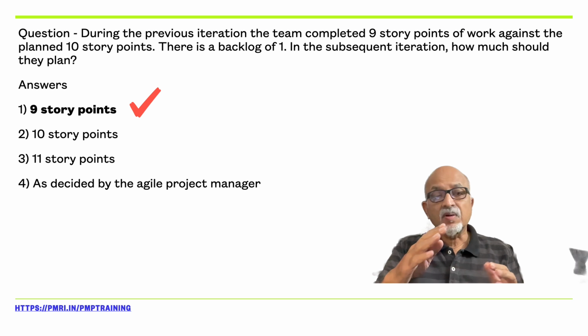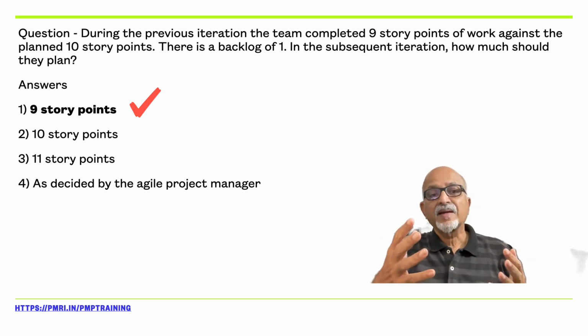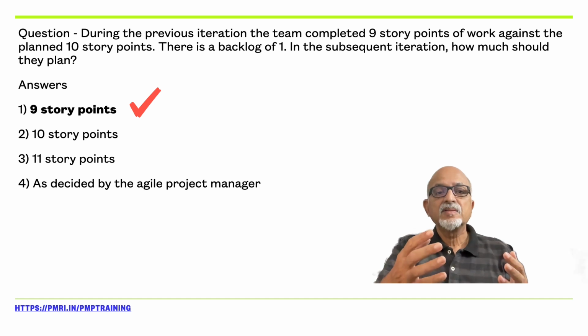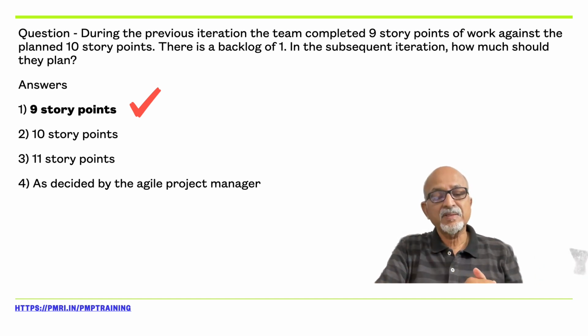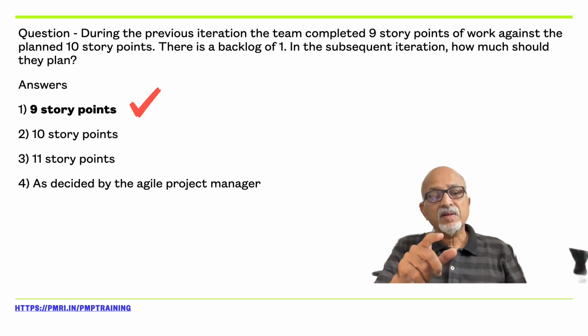Where all agile models, this iteration is the heart of the system. All agile models are iterative and incremental in nature, and this is how the productivity improves sprint after sprint. But a key point here is we will never allow the team to commit more than their capability.